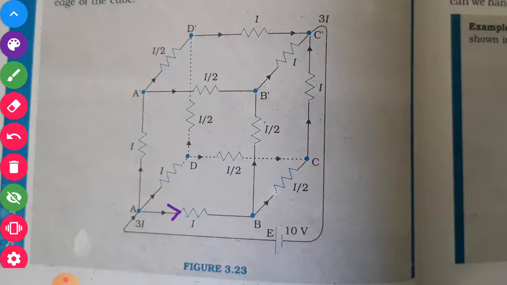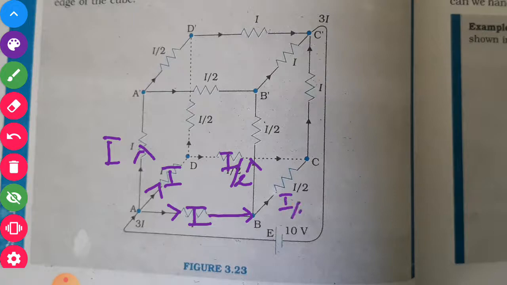Whatever I current, I and I. Then this I reaches at this B, it becomes I by 2 and here also I by 2. Then this AD current reaches here at D and becomes I by 2 and here also I by 2.